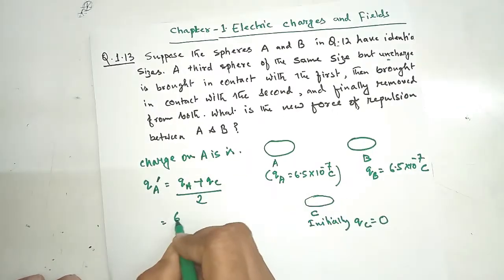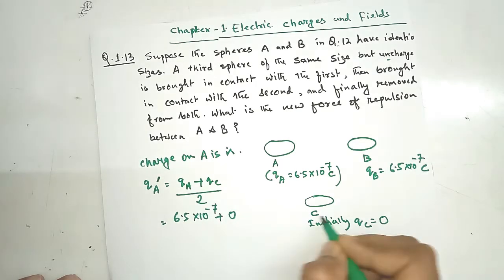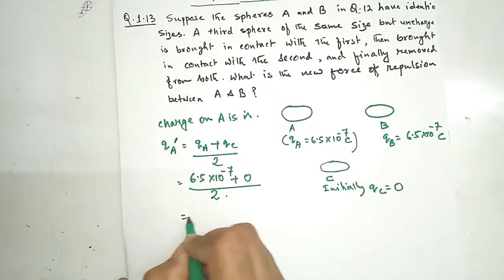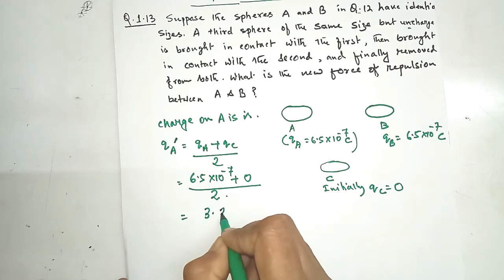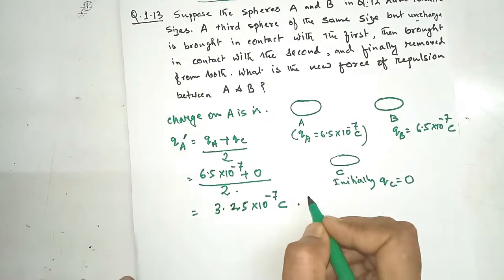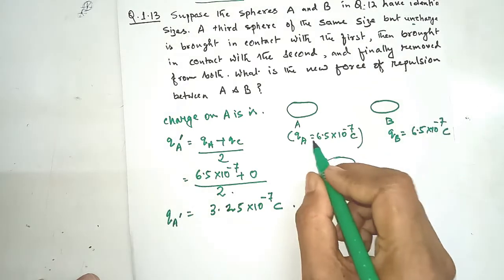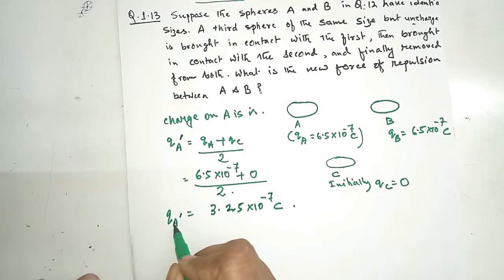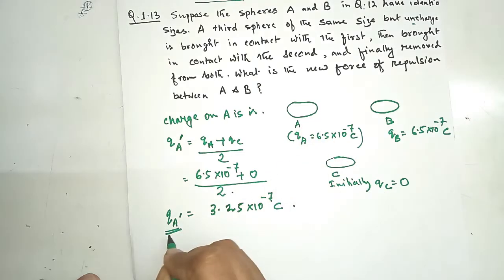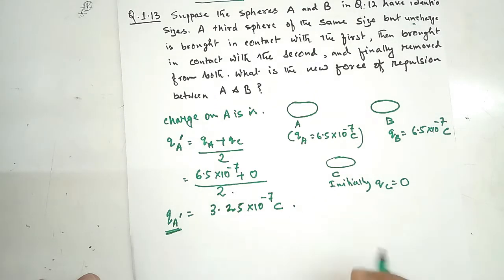So we know the value, 6.5 into 10 to the power minus 7 plus 0, divided by 2. So the value is 3.25 into 10 to the power minus 7 coulomb. So it is the value of QA dash, that is the new value of QA. When we contact the sphere C to the sphere A, then the new value of QA dash is 3.25 into 10 to the power minus 7 coulomb.